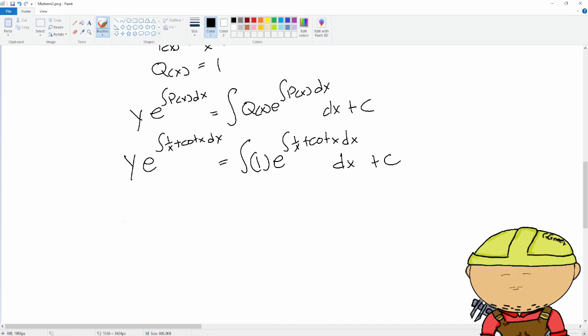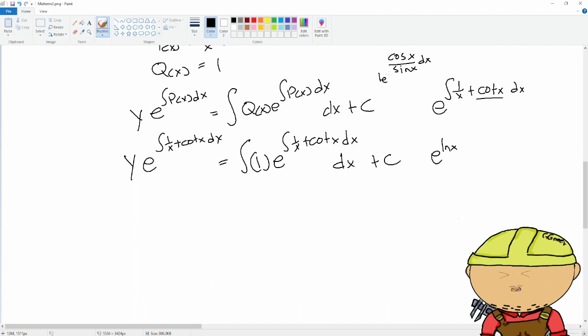Okay. So I'm gonna work on the integrating factor first. So the integral of 1 over x plus cotangent x dx, right? And 1 over x will become ln x. But what's the integral of cotangent x? So that's cosine x over sine x dx, right?